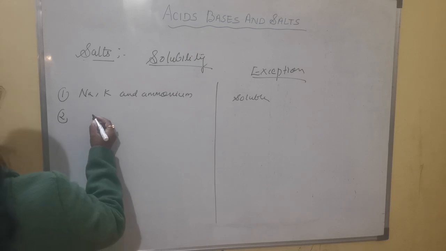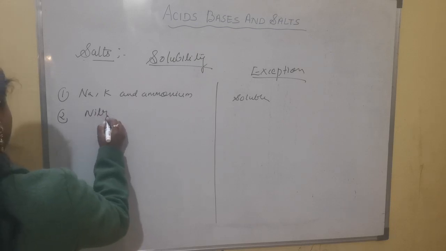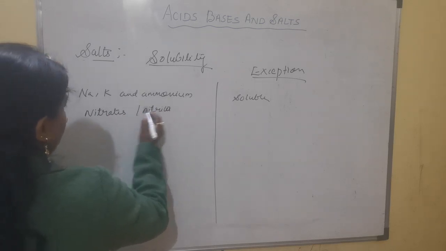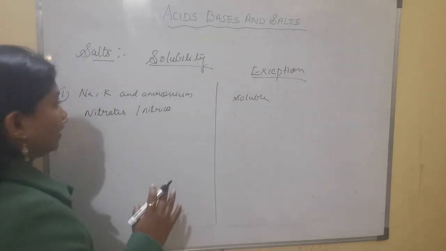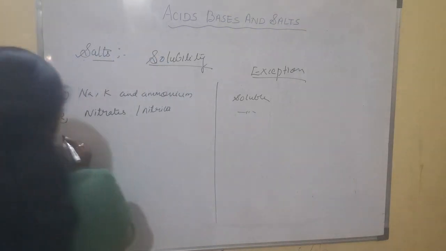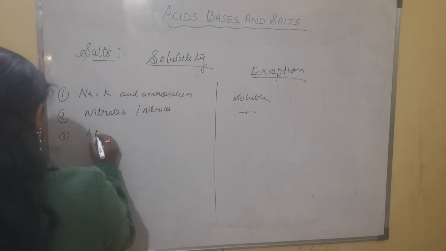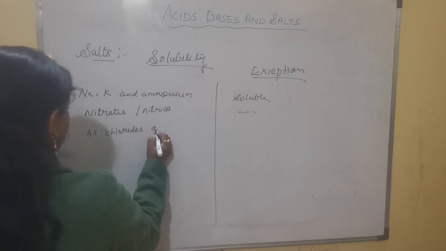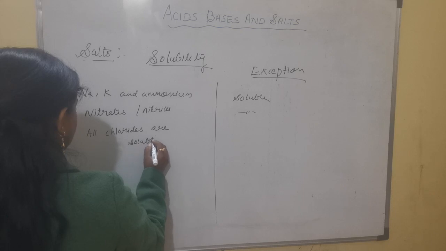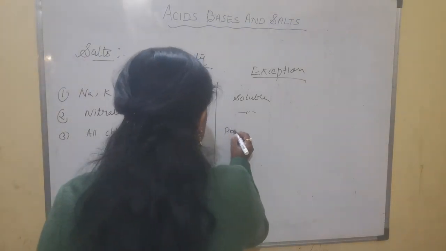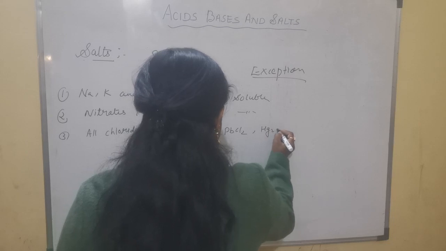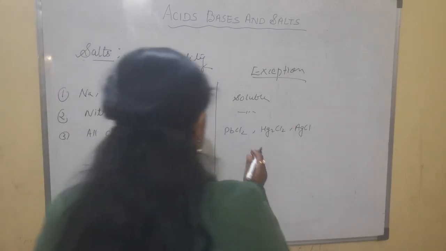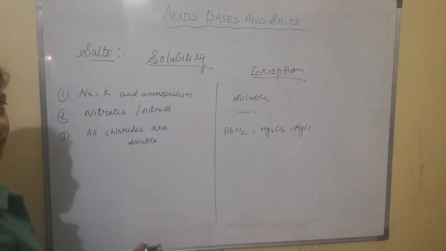Then all nitrates and nitrites are soluble. All chlorides are soluble with the exception of lead chloride, mercury chloride and silver chloride. So these three chlorides are insoluble, and the rest of the chlorides are soluble.